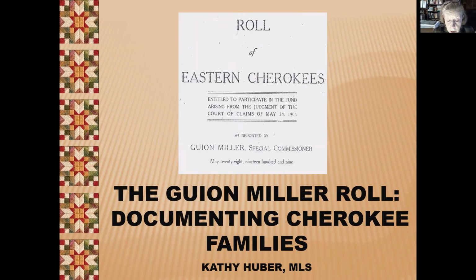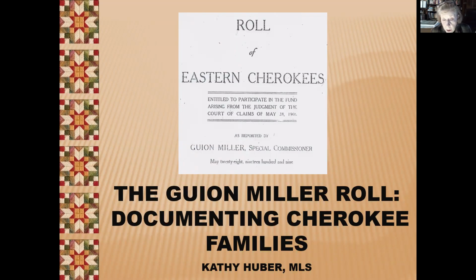The Dawes rolls were based on later rolls, and for the Cherokees, it was the 1880 authenticated roll or later rolls, whereas the Guion Miller roll was based on the 1851 Drennan roll. So right there, you've got a 30 to 40 year period of time that you're going to be able to go back in your family history.